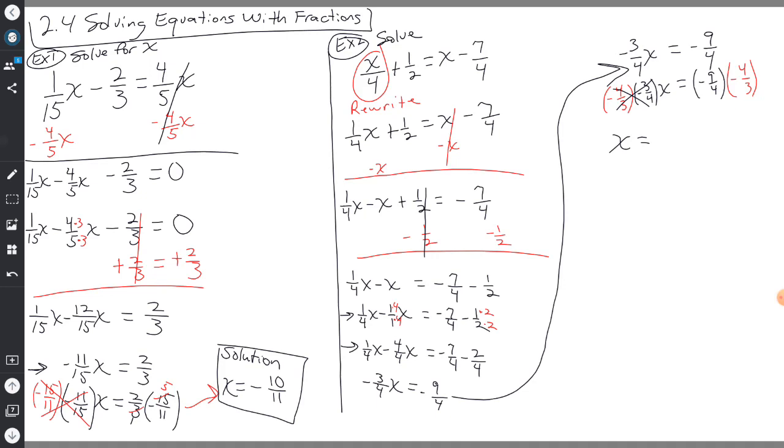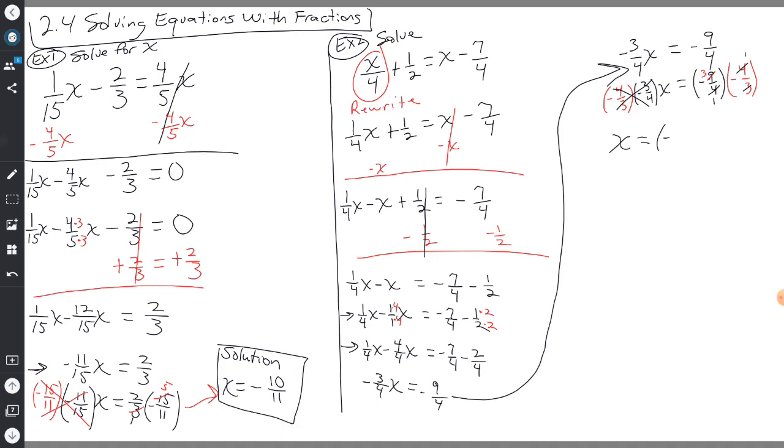Then on this side, what can we do? Right, so 4 goes into itself, and 3 will go into 9 three times. Let me just rewrite it first.